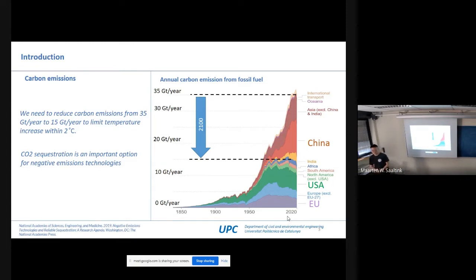We do carbon sequestration because of global warming, and the driving power, the reason of global warming, is the ever increasing carbon emissions.